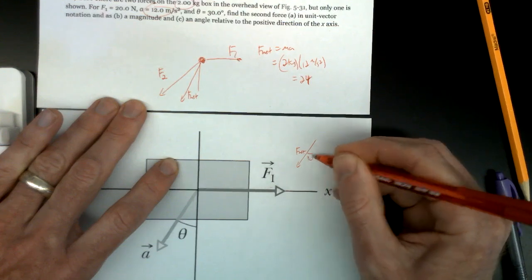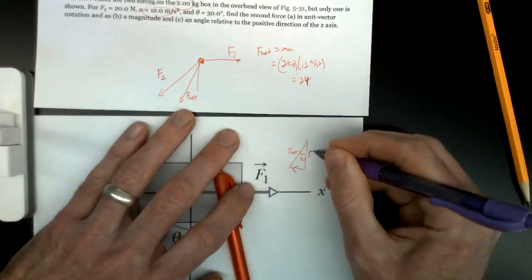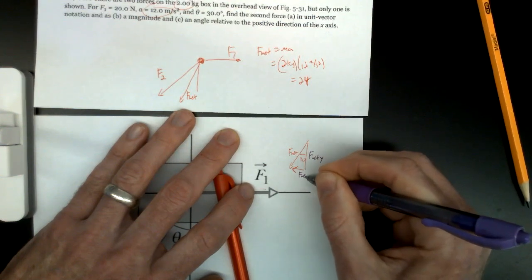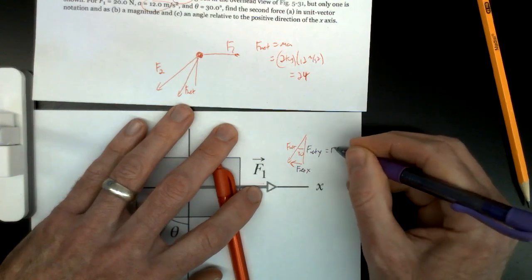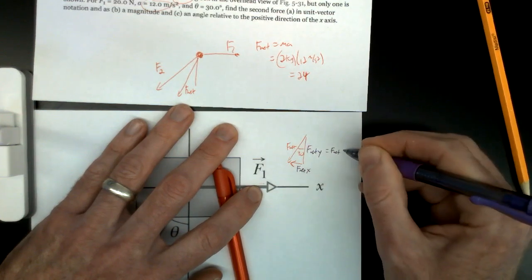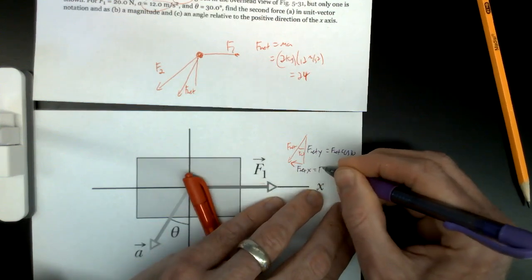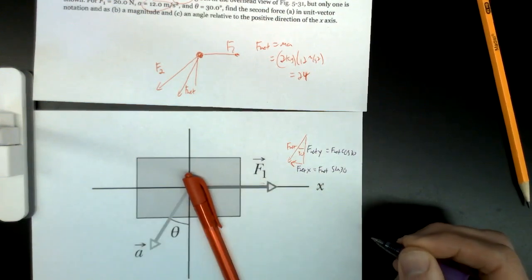So what I would do is I would call this one F net y and this one F net x. And then this is going to be F net cosine 30, and this is going to be F net sine 30.